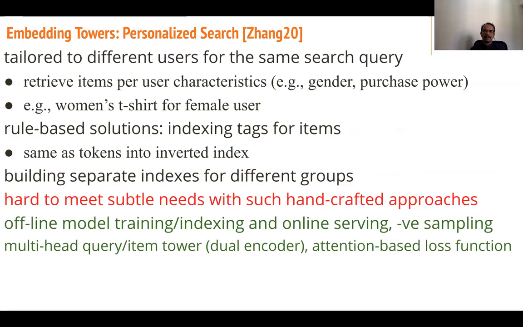Building separate indexes for different groups is hard to meet certain needs with such handcrafted approaches. Inverted indexes cannot retrieve different items according to the current user's characteristics. Instead, the solution uses offline model training and indexing, online serving, negative sampling, a multi-head query-item tower, dual encoder, and attention-based loss function. Those are the salient features of the solution for personalized search.